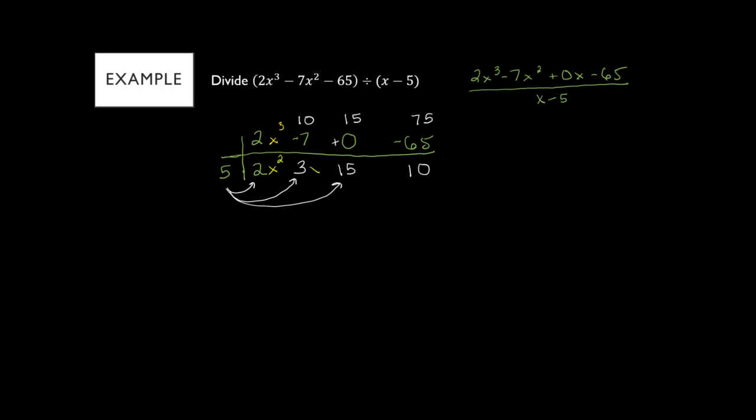So that's going to be the x squared, the x, something without an x, and then your remainder. So you can kind of write those in to help you. So we get 2x squared plus 3x plus 15, and then 10 over x minus 5, because we're dividing by x minus 5.